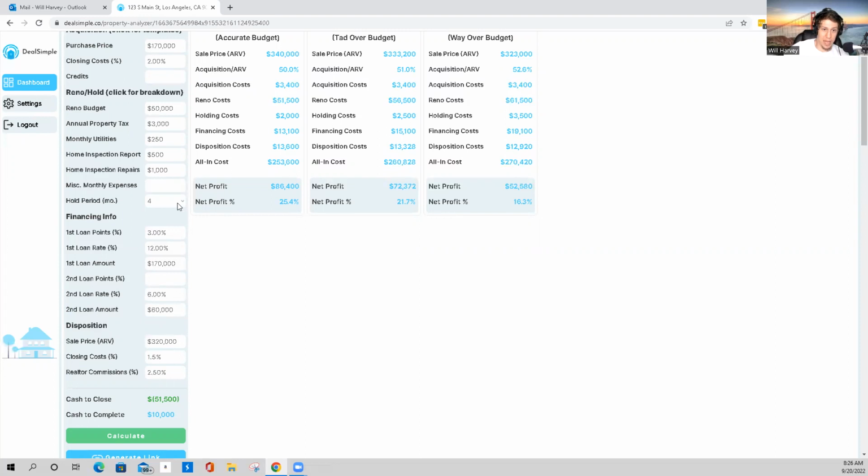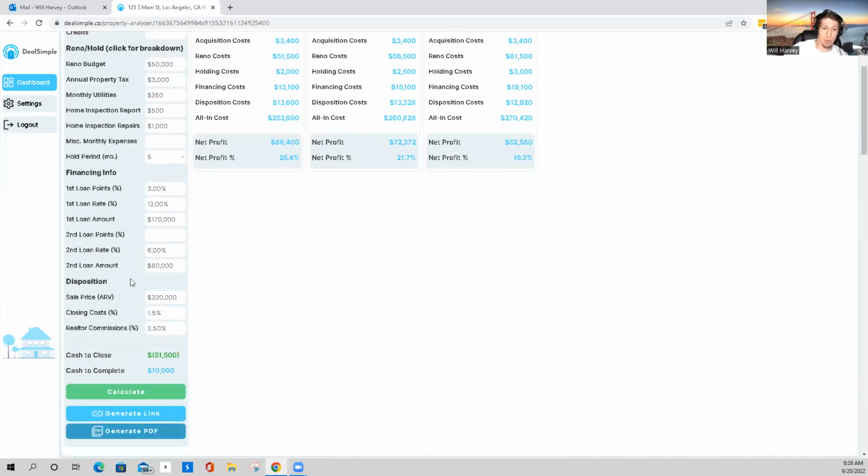So we sold it for that, and we also held it longer because the market sort of shifted right at the end of while we were renovating it. And it still sold higher than the ARV that we budgeted, but at one point in time, we thought that we would do a lot better than we originally thought. So anyway, I'm going to redo those numbers.